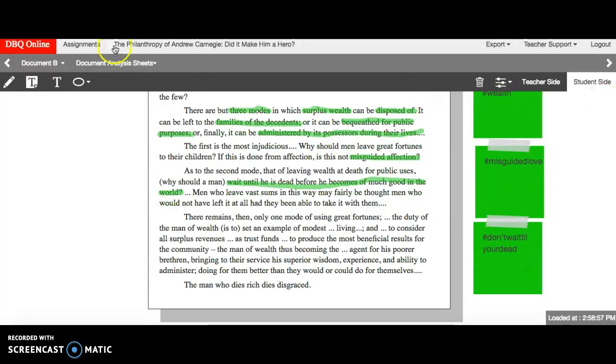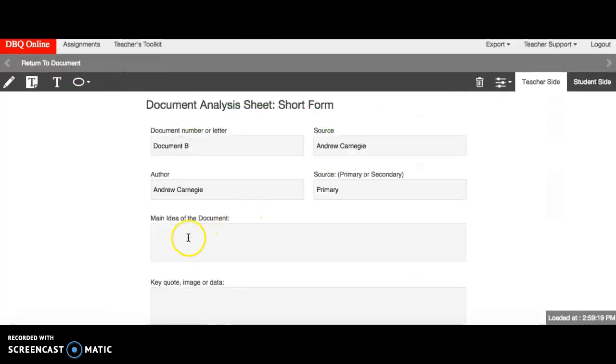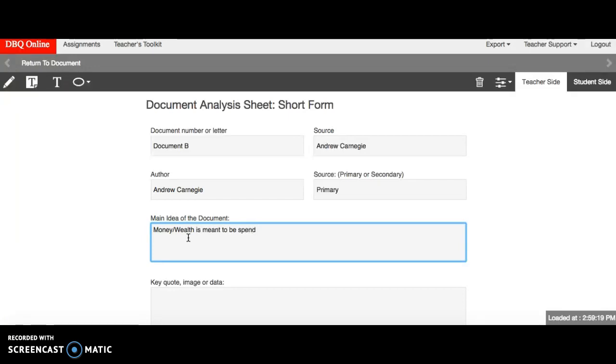So if I had to put that into my own words, I would say we go back to our analysis sheet. Something along the lines of money, wealth is meant to be spent while alive.